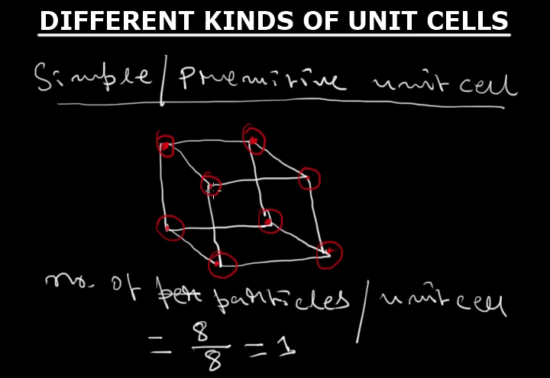Why 8 divided by 8? Because this point is shared by 8 such cubes. So per cube the portion remaining is 8 into 1 by 8, that is 1. So the number of particles per unit cell in case of simple primitive unit cell is 8 by 8, that is 1.